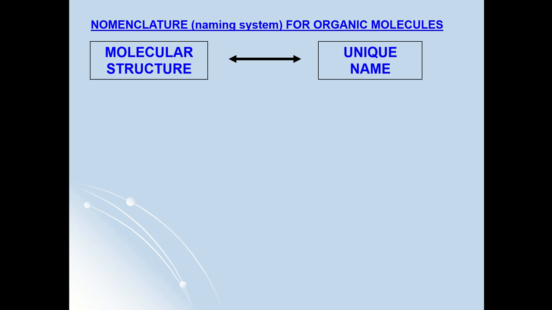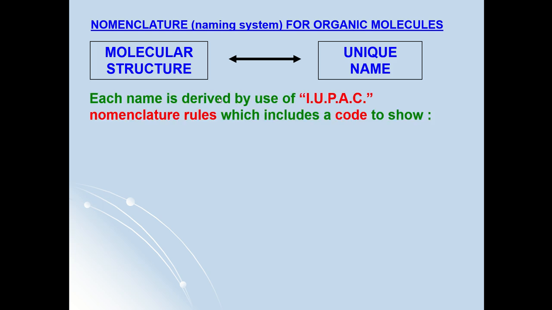Right, let's move on. So we already know about the nomenclature, we know about naming organic compounds, we should know quite a bit about it. And we should know that molecular formulas, we can turn them into unique names. And we follow for that what we call the IUPAC systematic naming process. IUPAC stands for International Union of Pure and Applied Chemistry.